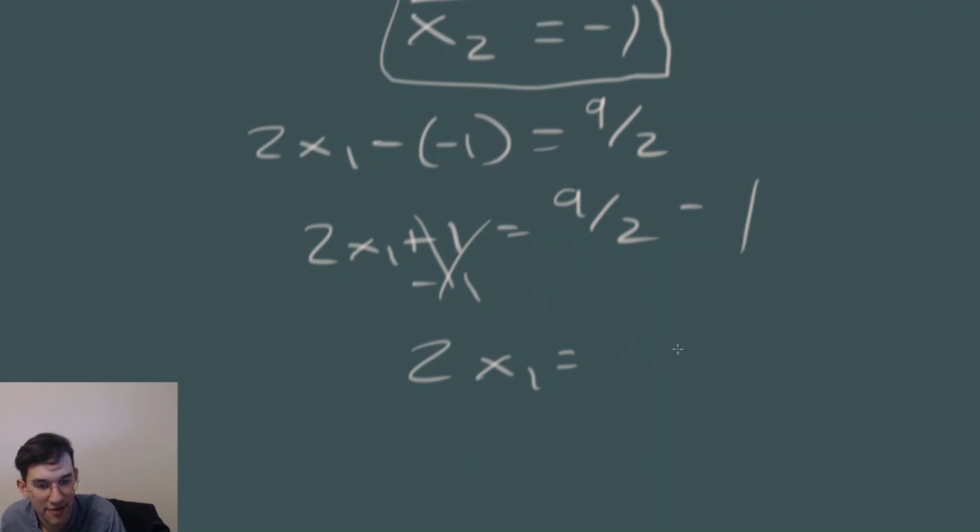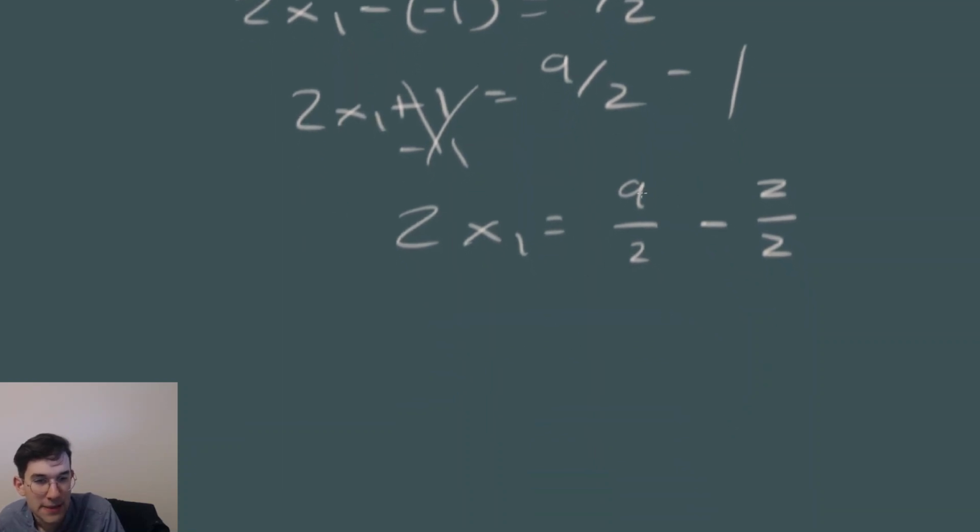All right, let's not write it this way, let's write it the other way. Not the matrix way. Minus 1, which in halves is 2 halves. All right, 9 minus 2, 7. And then we're going to divide both sides by 2, or times by 1/2, same thing. That's going to get rid of that on that side. So then x1 equals 7/4.